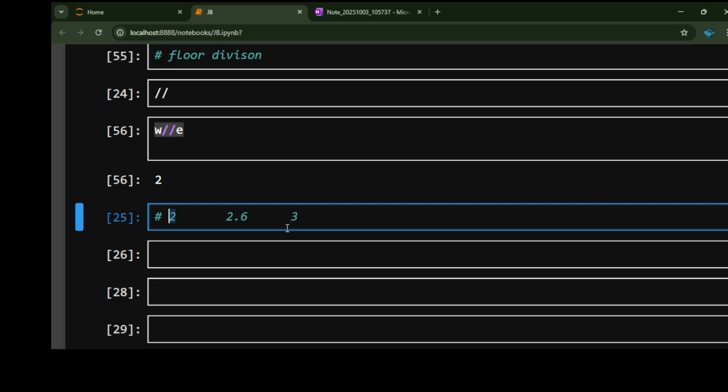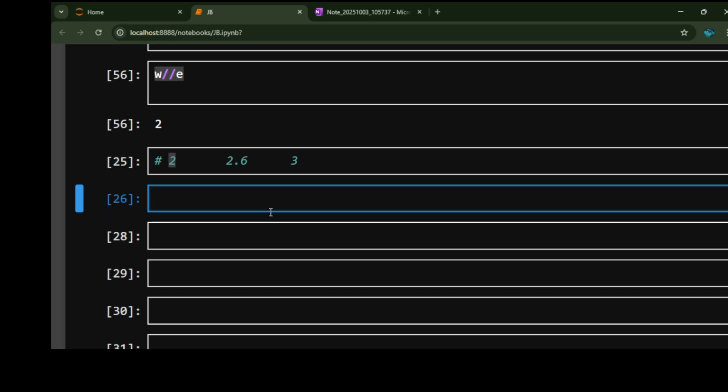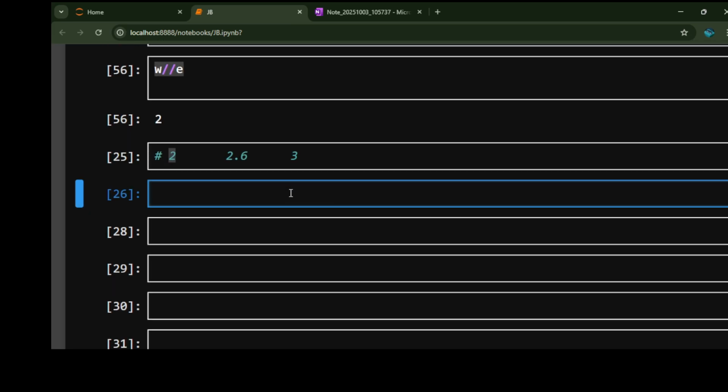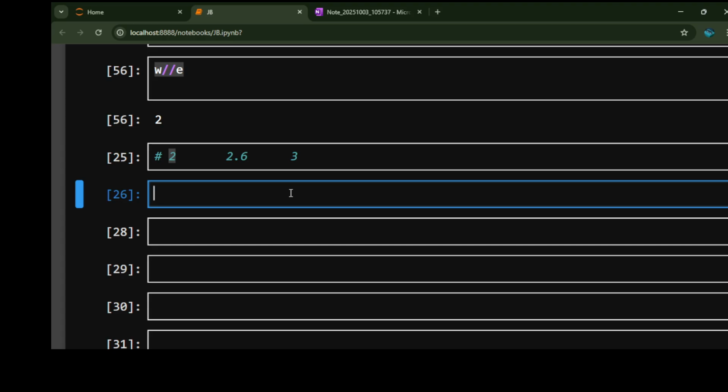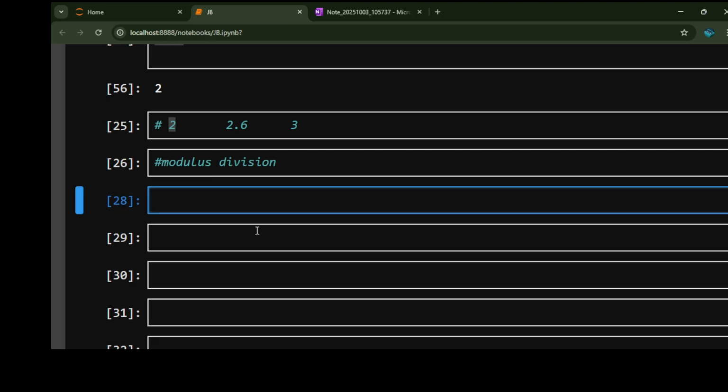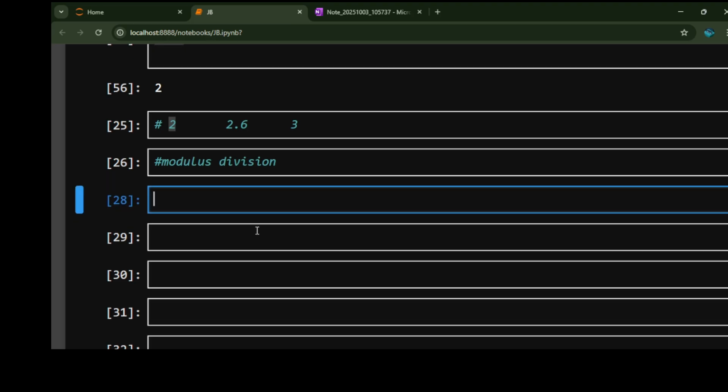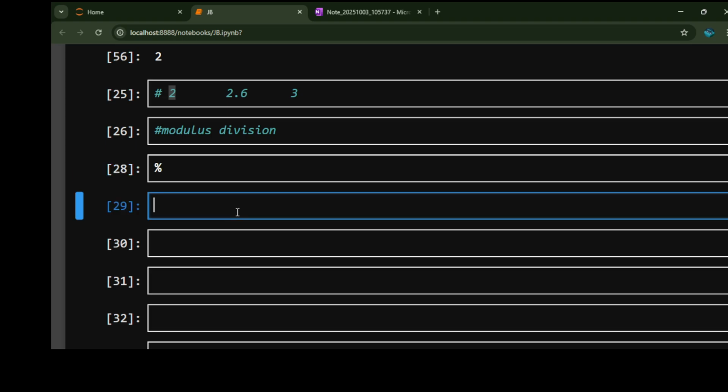The next operator that comes in play here is modulo division. What is that? The modulo division is simply denoted by this symbol. Let us understand this in detail.